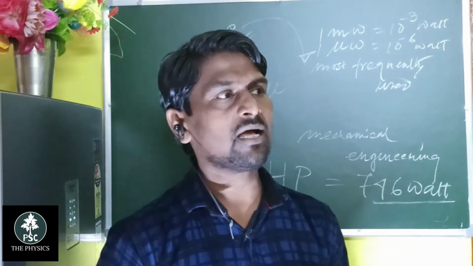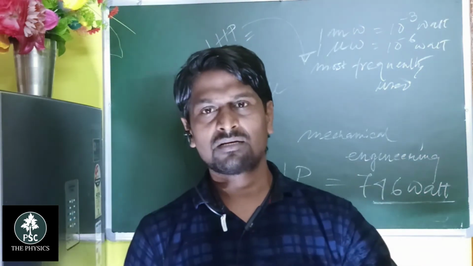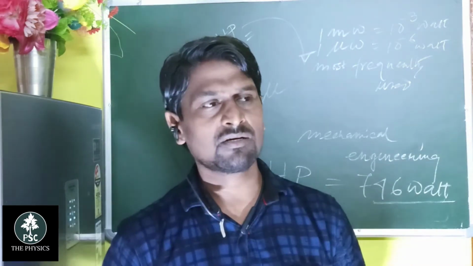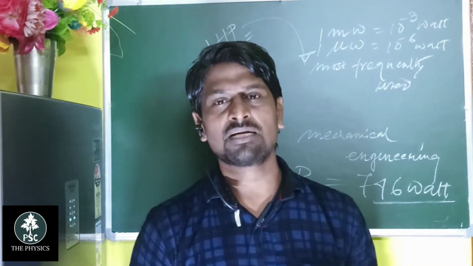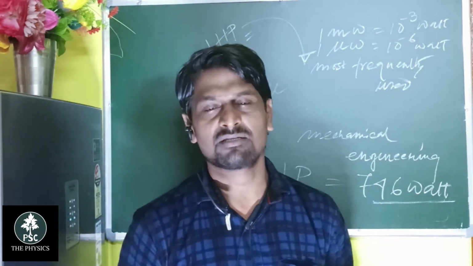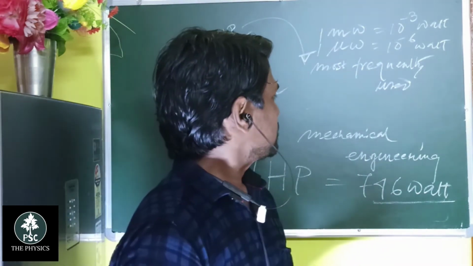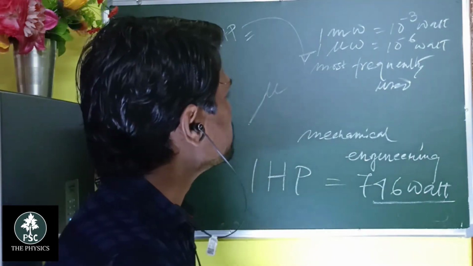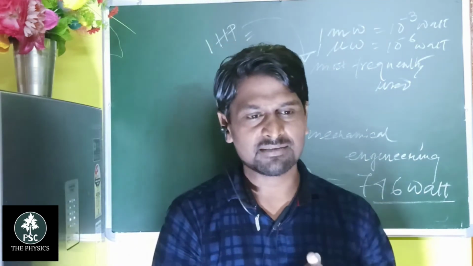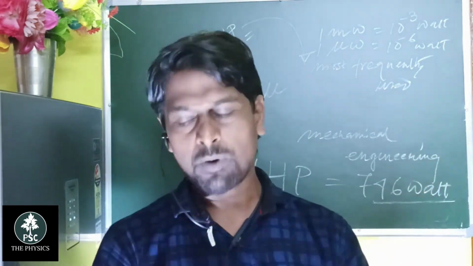Like GB or MB, and so on, TB, terabyte, gigabyte, megabyte. So this is the unit of watt. Watt means it is a unit of power, and these are the different units of power.